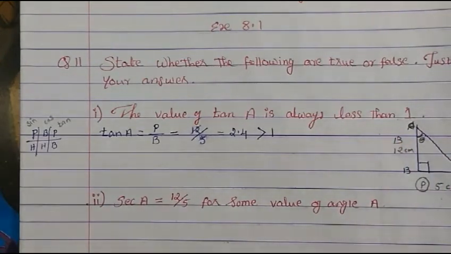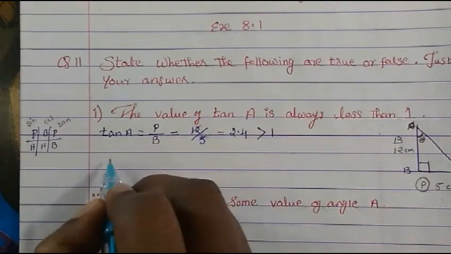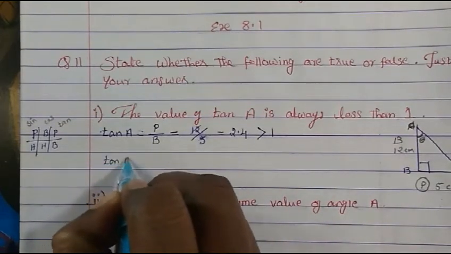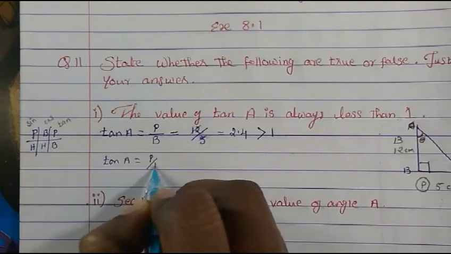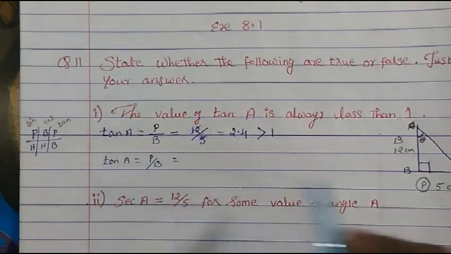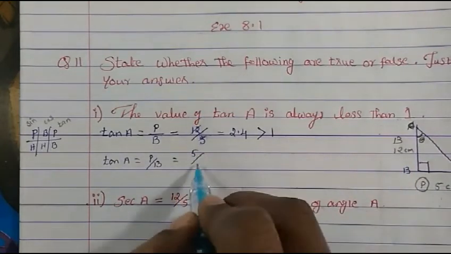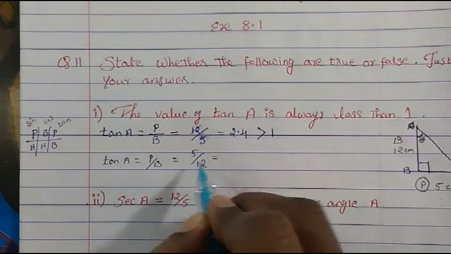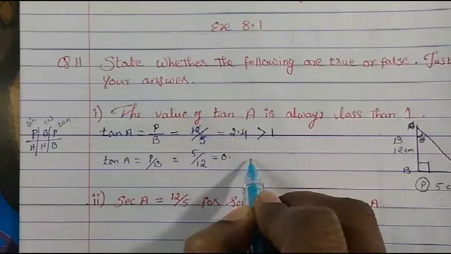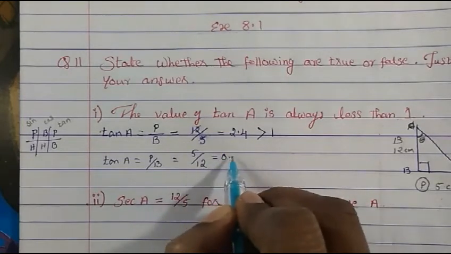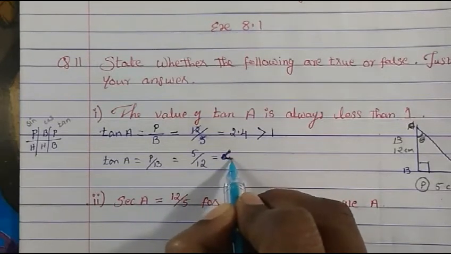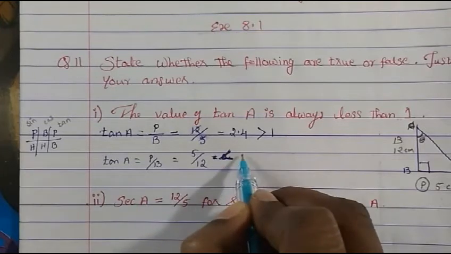Okay, so let us check now. So now tan A, perpendicular upon base. So here now perpendicular is 5 centimeter and base is 12. So now if we divide, we will get 0 point something. So that means this number will be less than 1.